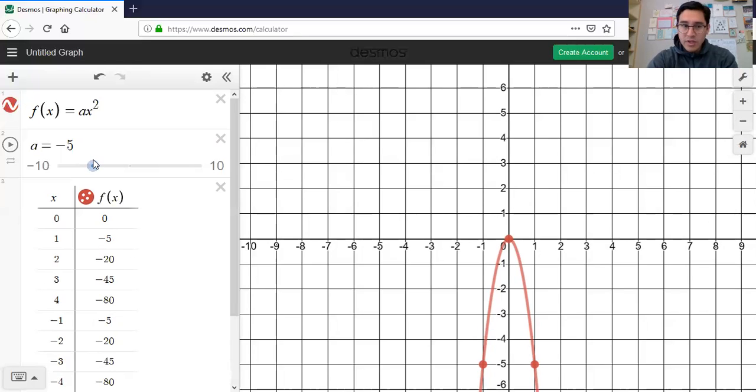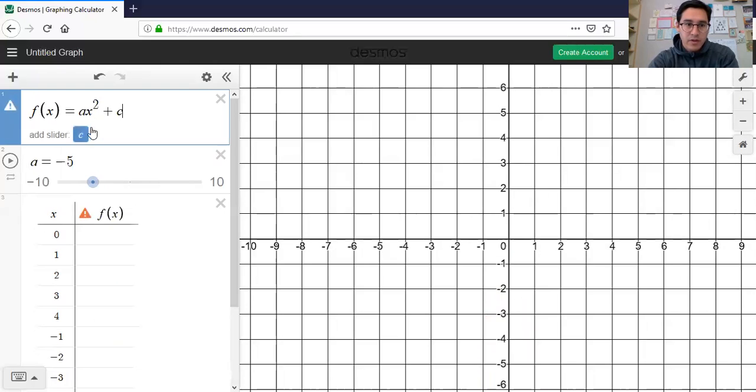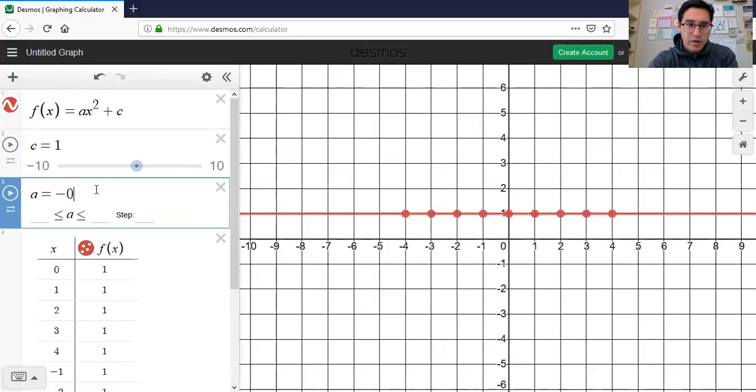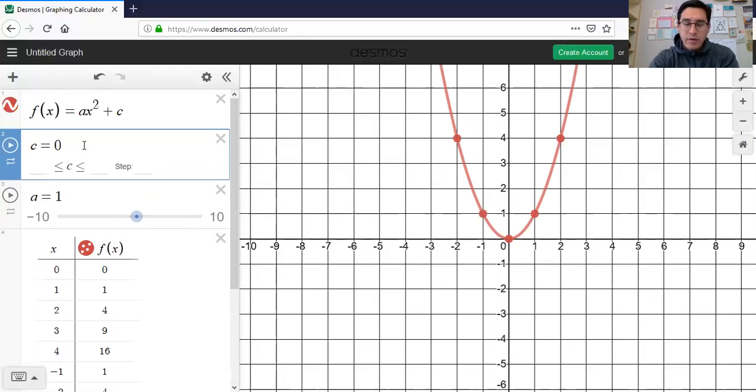All right, so let's put the two pieces together now. Let's write a generic quadratic function ax squared plus c. All right, and let's go back to, I think I can just type it in here, 1 and 0. Okay, so that's our parent function, right? The vertex is at the origin, 0, 0, and it's not being stretched or shrunken or reflected in any way.